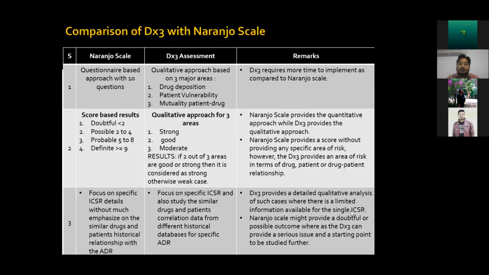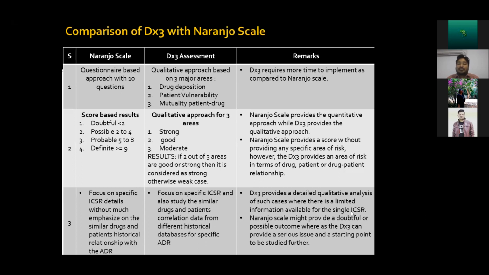However, DX3 provides an area of risk in terms of the drug-patient relationship. The Naranjo scale focuses on specific ICSR details without much emphasis on the similar drug or patient historical relationship with the adverse drug reaction, while a DX3 assessment focuses on the specific ICSR and also studies the similar drugs and patients correlation data from different historical databases for the specific adverse drug reaction.